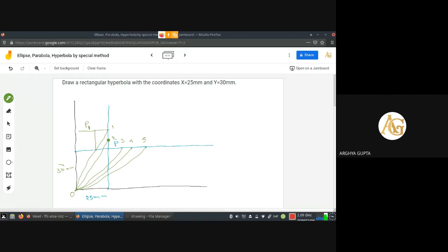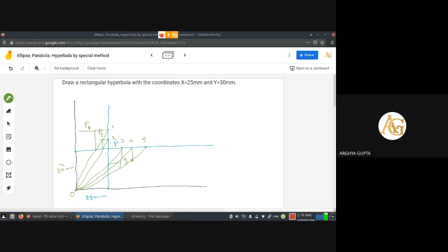Again from 2, a horizontal line. I have to apply common sense actually to find the points. So this will be P2. Now from here I can draw a vertical line, and from this intersecting point I can draw a horizontal line. So this will meet at P3.